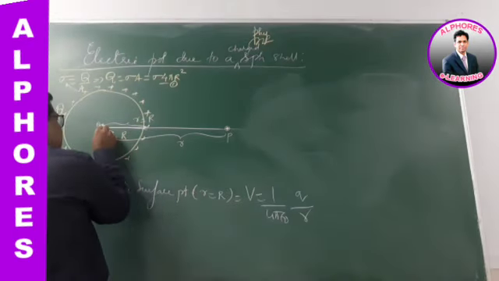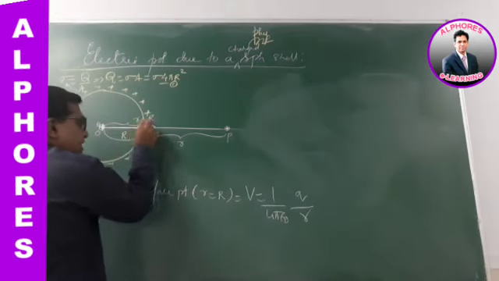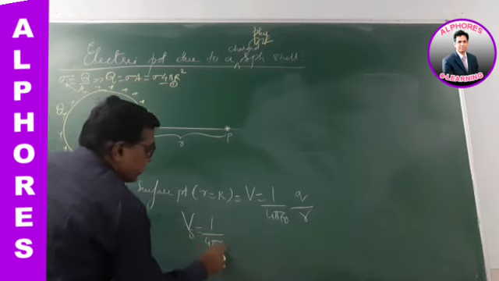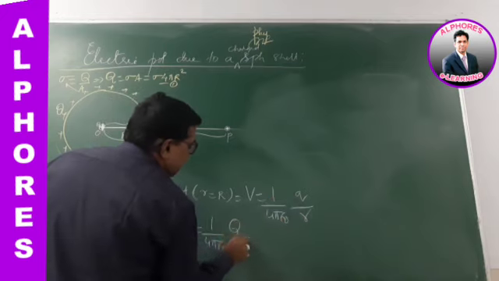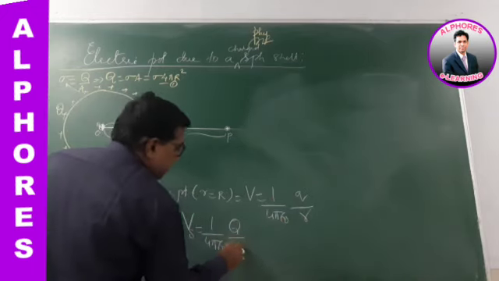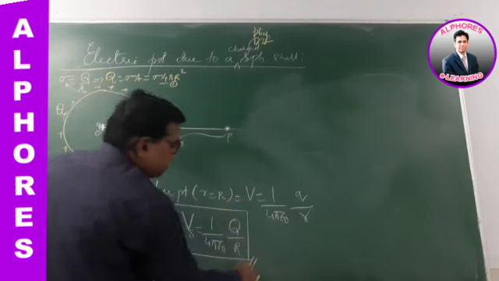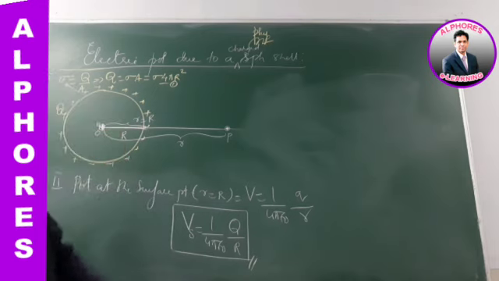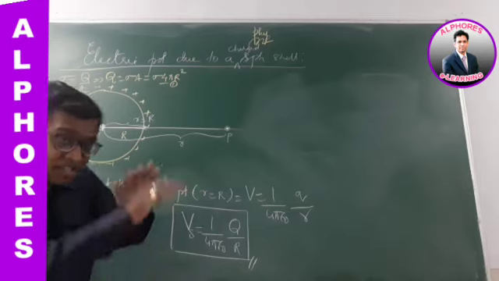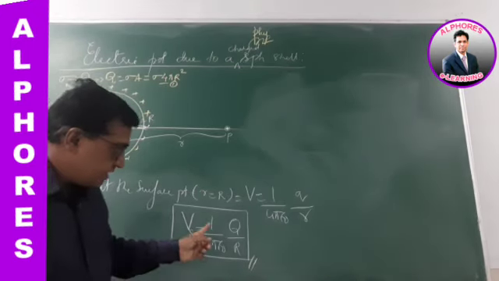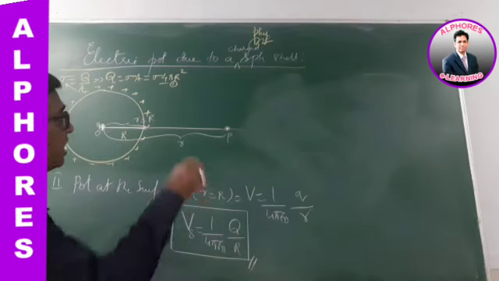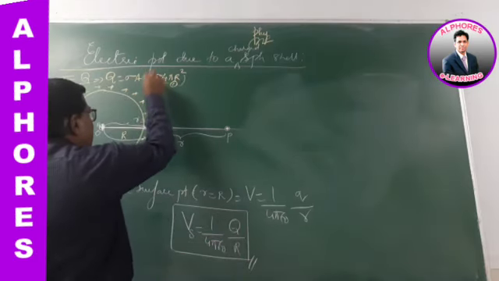Now the charge is plus q at a distance small r, which is capital R. So the potential at the surface point is 1 by 4 pi epsilon naught, charge capital Q by the distance capital R. So this is the potential at the surface point of a hollow charged conducting sphere, where the charge is uniformly distributed: 1 by 4 pi epsilon naught, charge on the sphere by R. Well, suppose the question is asked with respect to surface charge density.